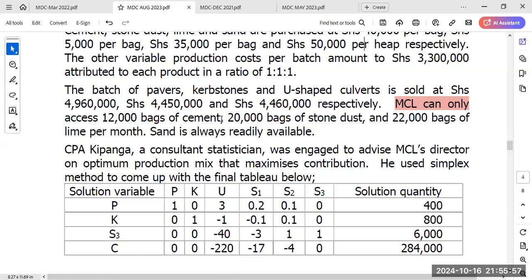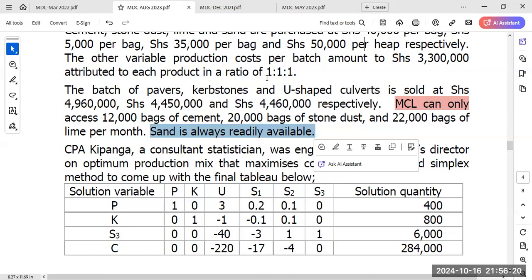Remember, cement is part of your raw material. Stone dust is part of your raw material. Lime is part of your raw material. Here there is this word, sand is always readily available. Now, this is where most people mess up. If they say a resource is readily available, that resource can never be a limiting factor.